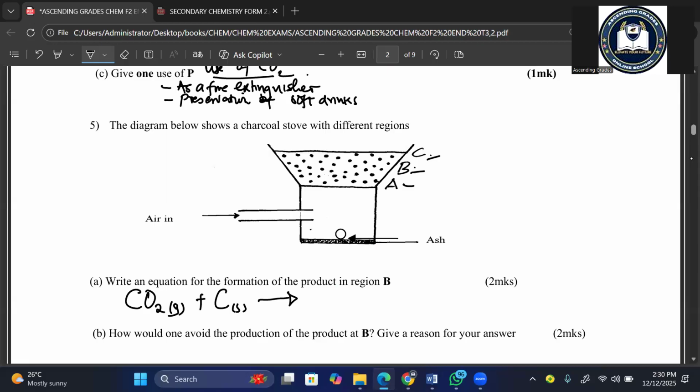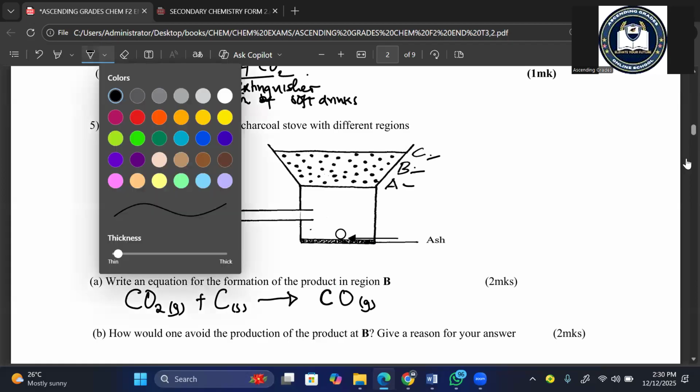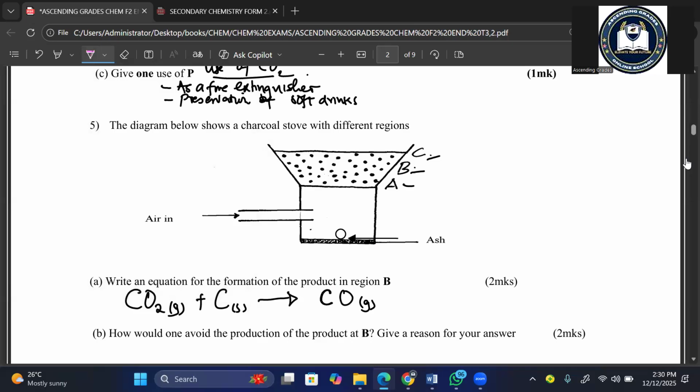So in this case, we are going to form carbon 2 oxide. Then now we are supposed to balance. So if you have 2 here, then it will be well balanced.